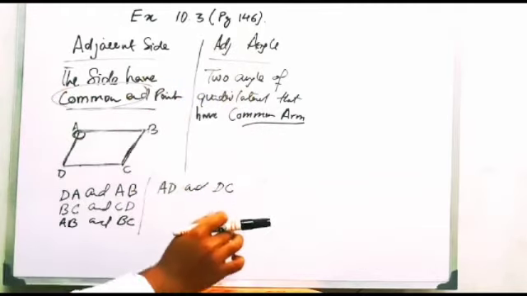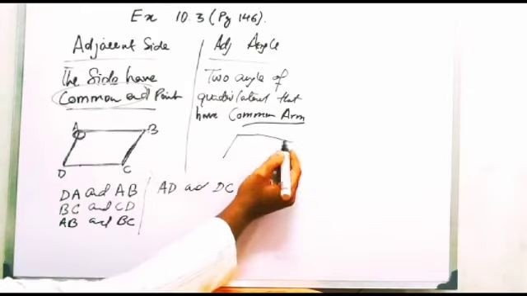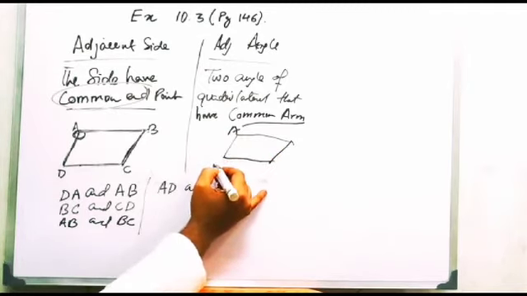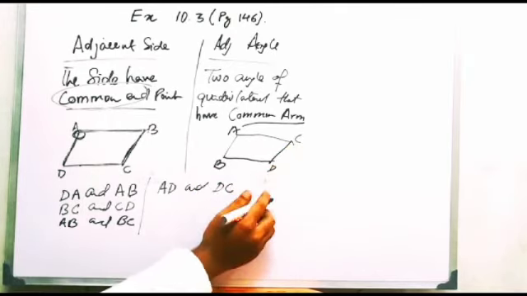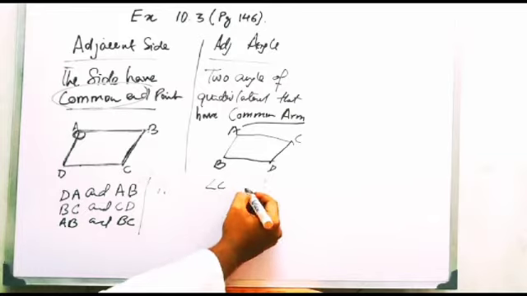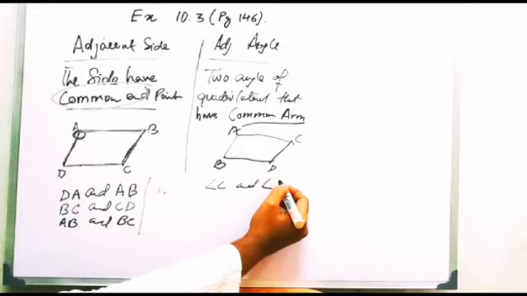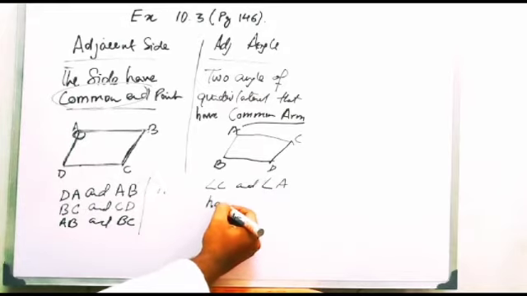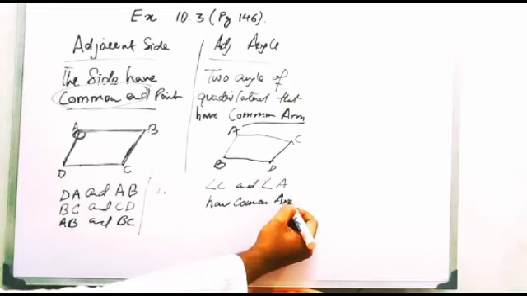Now come to the adjacent angle. If you look at, again I will draw some figure A, B, C, D. Okay. So here I draw this one. Here angle C and angle A have common side, common arm also we can write.